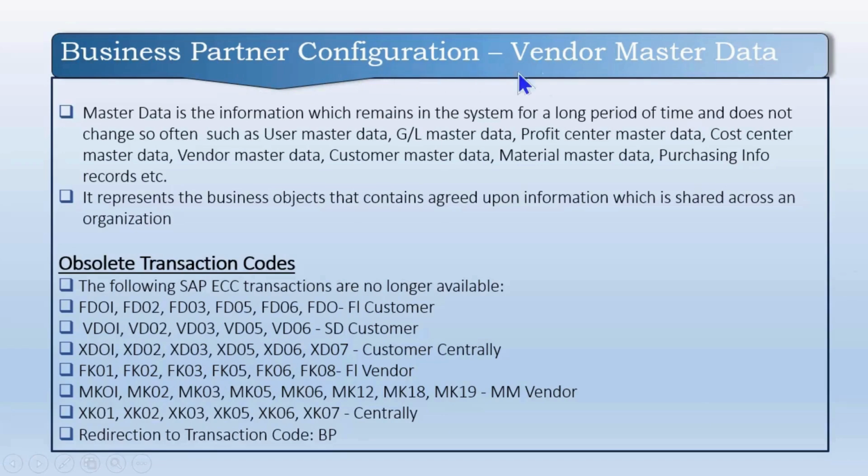Business partner configuration, vendor master data. The definition of master data is the information which remains in the system for a long period of time and does not undergo changes often, such as user master data, GL master data, profit center master data, cost center master data, vendor master data, customer master data, material master data, purchasing info records, etc. These remain permanent in the system, and each represents a business object that contains agreed-upon information which is shared across an organization.